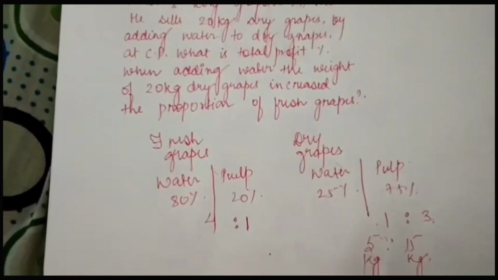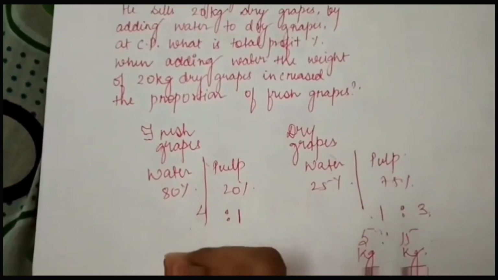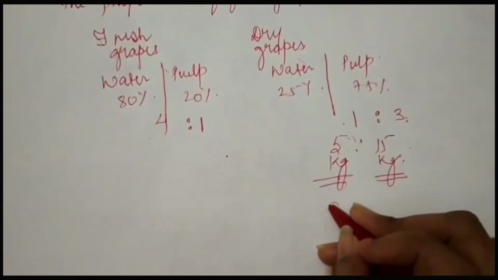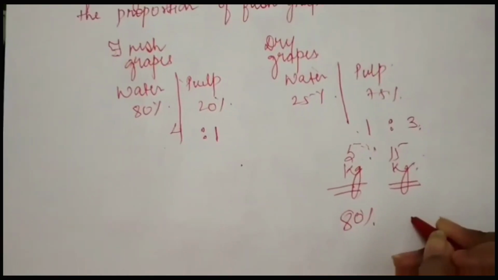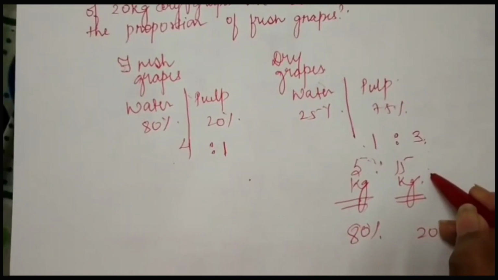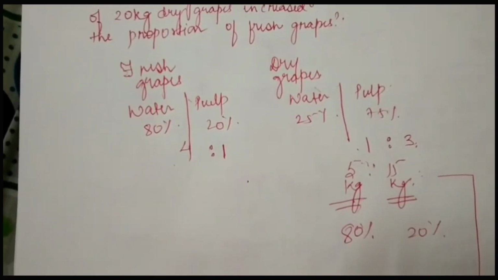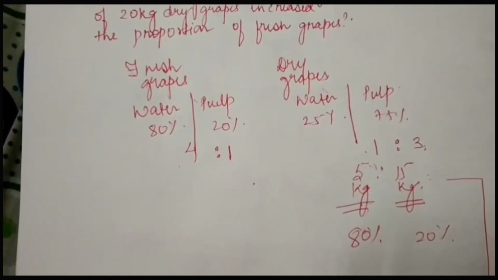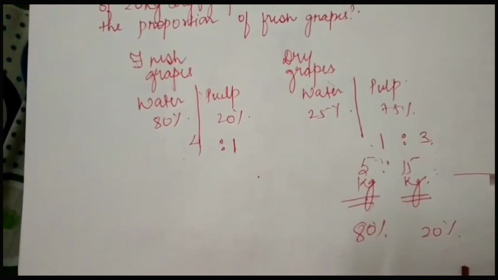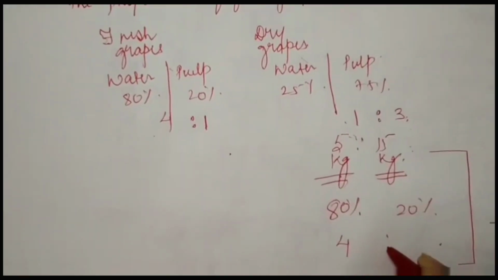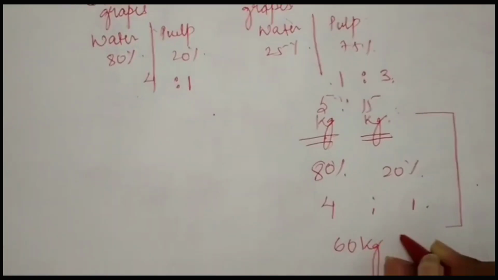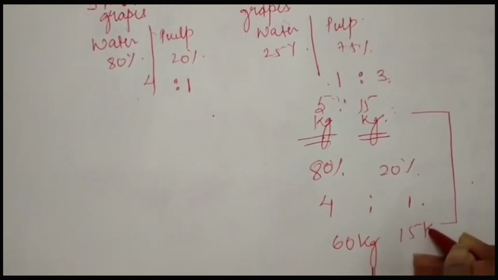So when the 20 kg is increased, we can write 80%, that is the 20%, and 20 kg of the dry grapes is increased. So our required proportion will be 4:1. Here it is 4 and this is 1. So this will be 60 kg and this will be 15 kg.